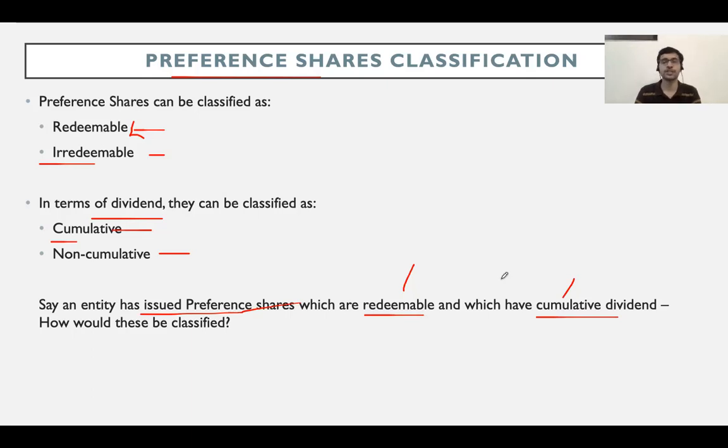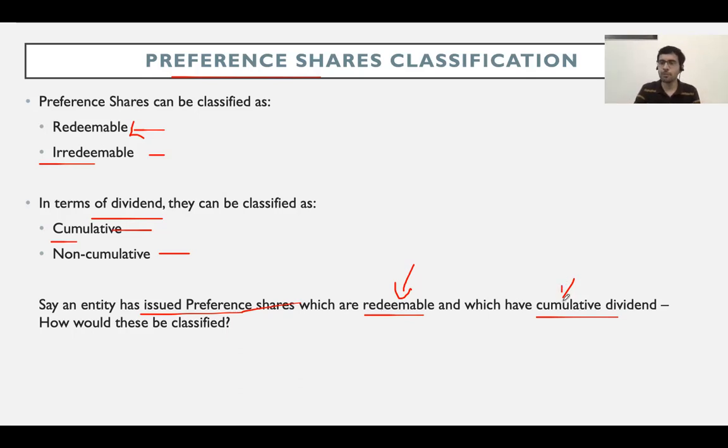Recall the definition of financial liability. It says any contractual obligation to deliver cash is going to be treated as a financial liability. If you clearly look at it, I have a contractual obligation to repay the initial face value, or what we call the redemption value. I have an obligation to deliver the cash on that maturity date.